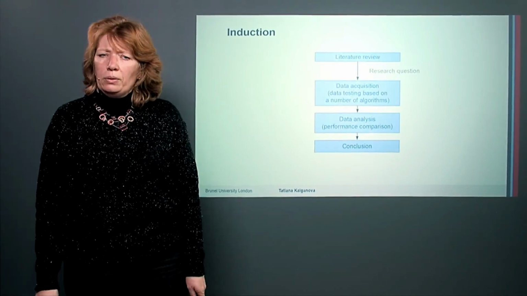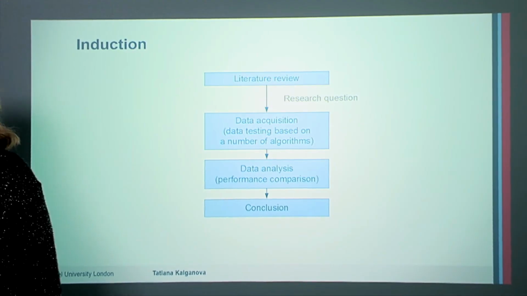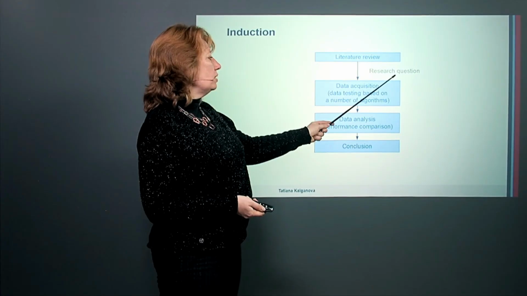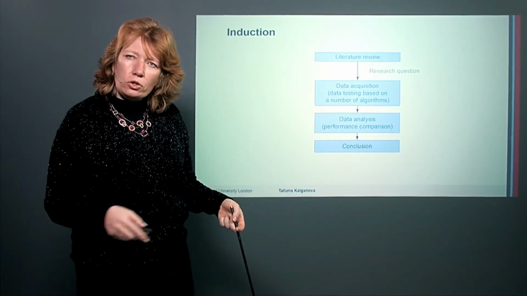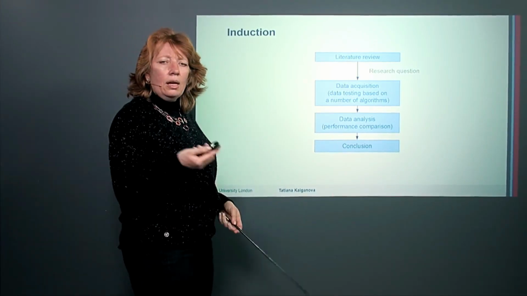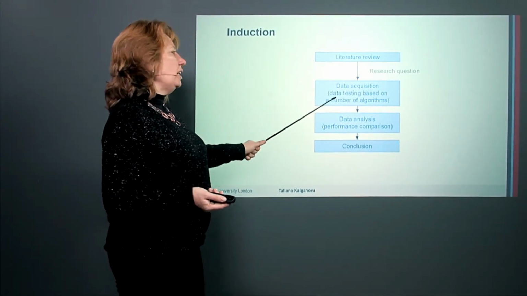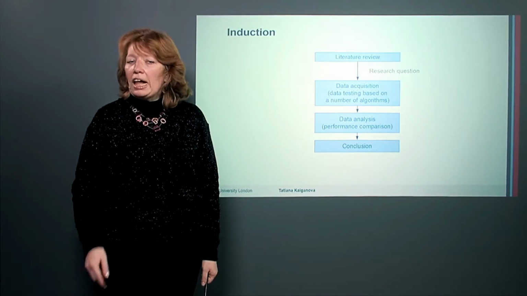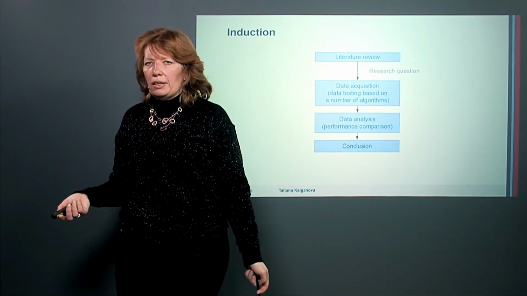Let's look at another example. I have carried out a literature review. Based on my literature review, I formulated a research question. Once I have a research question, I need to do my research design to answer this question. What is important? I need to do data acquisition, data collection. I may, for example, use data testing based on a number of algorithms.